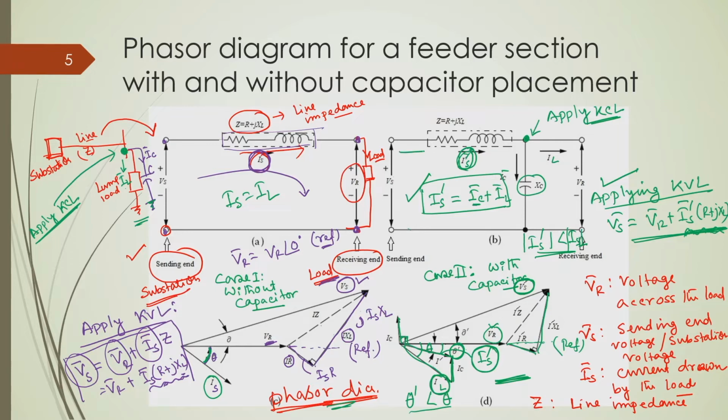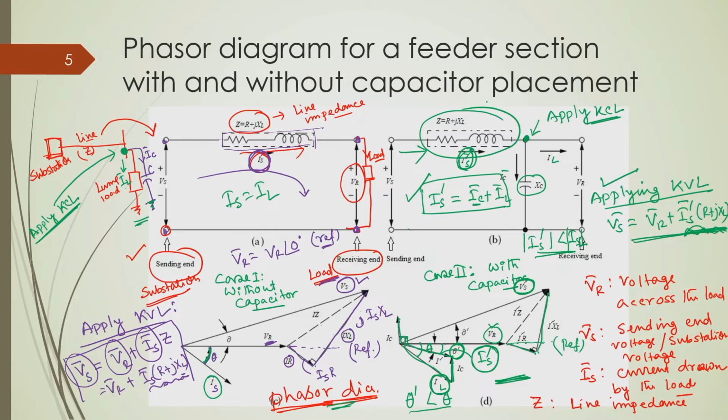So, whatever current is drawn from the substation with this capacitor placement is of reduced magnitude. And that is why, since the voltage drop across the line impedance is equal to the current multiplied by impedance, where impedance is constant, if current is lower, the overall line drop will be lower. If voltage drop is lower, then of course, that is a preferable situation.